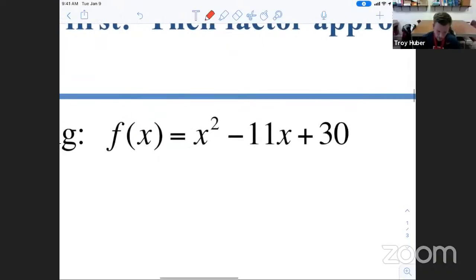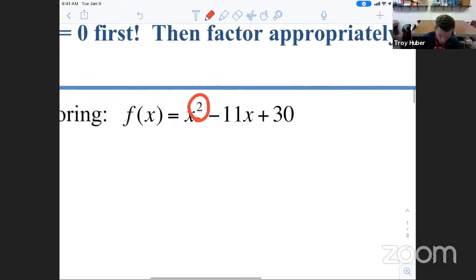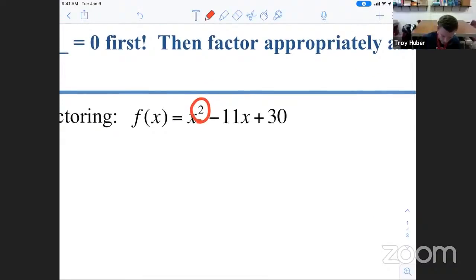Well, first off, in this problem, you'll notice this is a 2nd degree. So that means it's going to have 2 solutions. So your solutions are always going to be equal to the degree value. All right. So in this case, we're going to set f of x equal to 0. Or I might just write it on the other side.